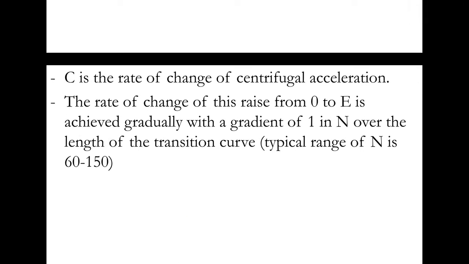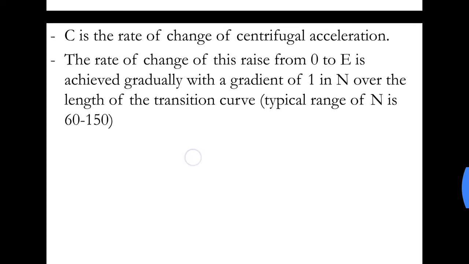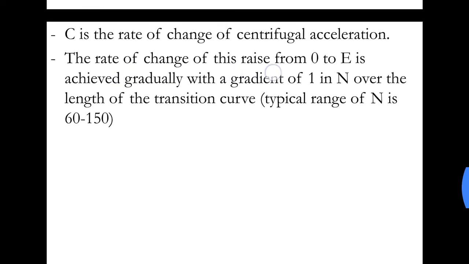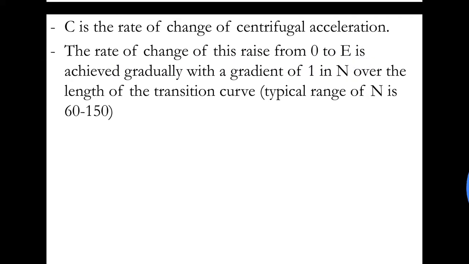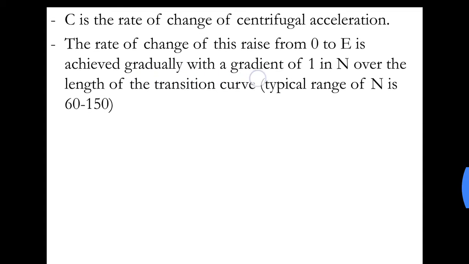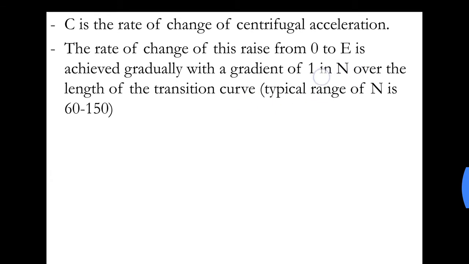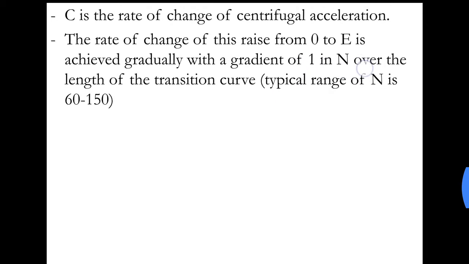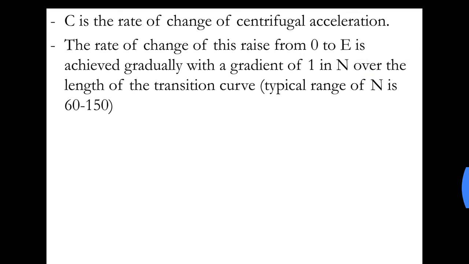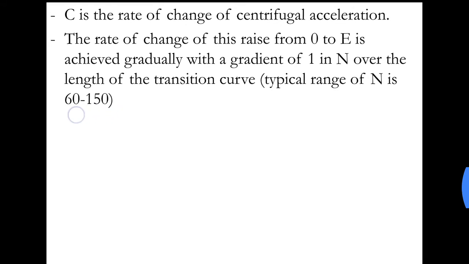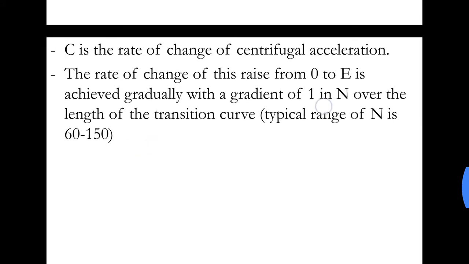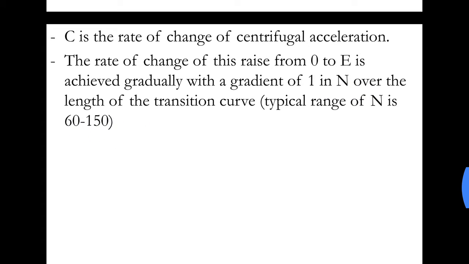This slope value would be given in the question. The rate of change of this raise from 0 to E is achieved gradually with a gradient of 1 in n over the length of the transition curve. This 1 in n value would be given in the question. If not given, then we need to adopt some standard values, and the typical range varies from 60 to 150. So the n value will vary from 60 to 150.